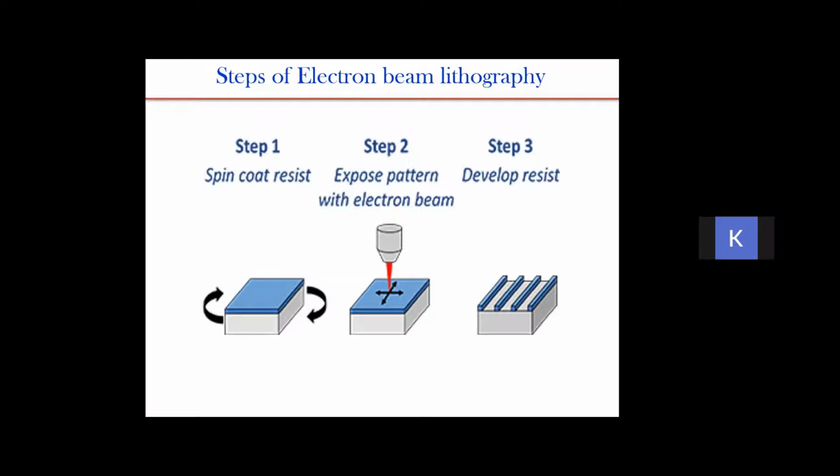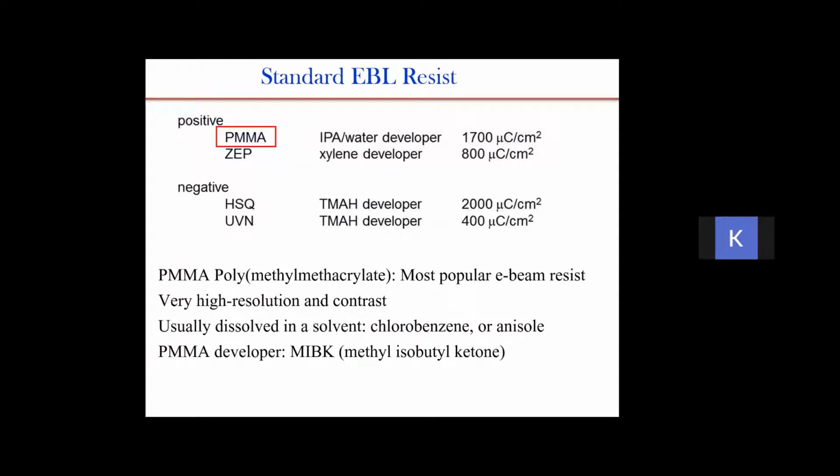The standard EBL resist that is most popular is PMMA, polymethyl methacrylate. It has very good resolution and good contrast, and it is mainly dissolved in chlorobenzene, or you can dissolve it in anisole. The common developer used for PMMA is MIBK, and it is basically a positive resist.